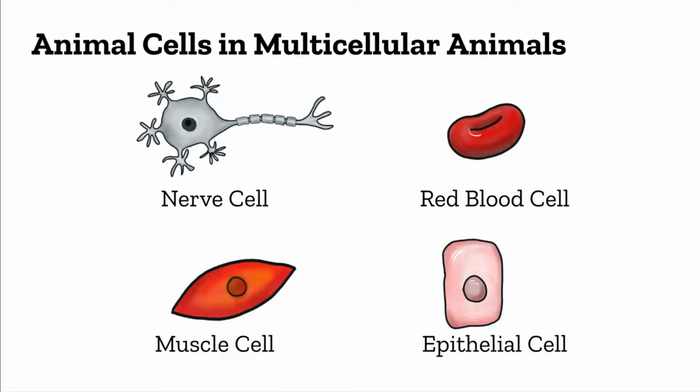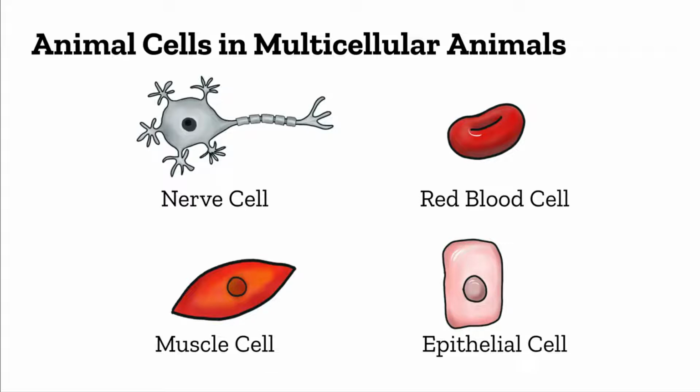The reality is, the cells that make up our bodies come in many different shapes, sizes, and varieties that have different numbers of the various organelles to help them function properly. This slide shows just four of the possible cell types you'll see in multicellular organisms. There are nerve cells, red blood cells, muscle cells, and epithelial cells.